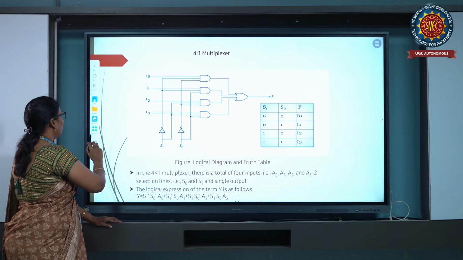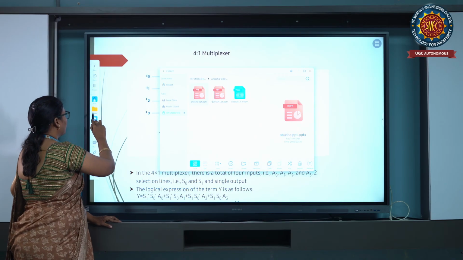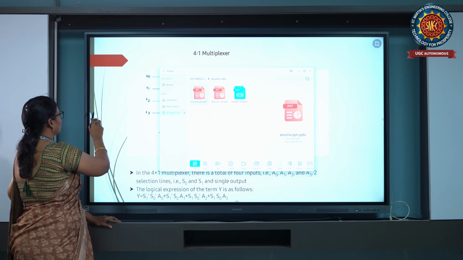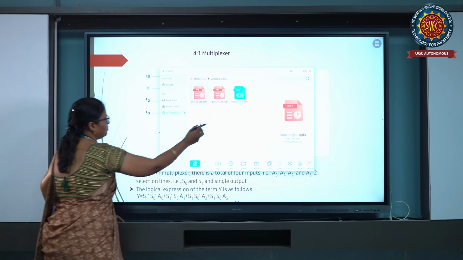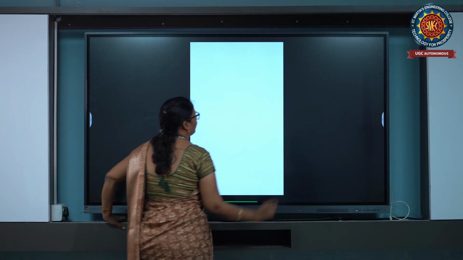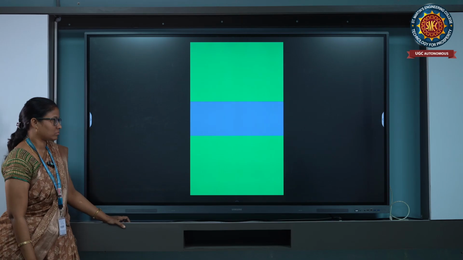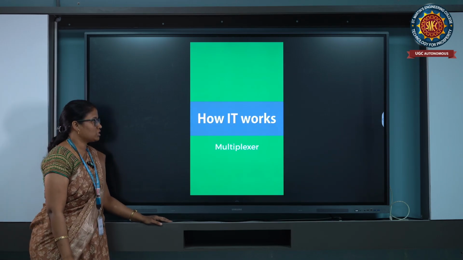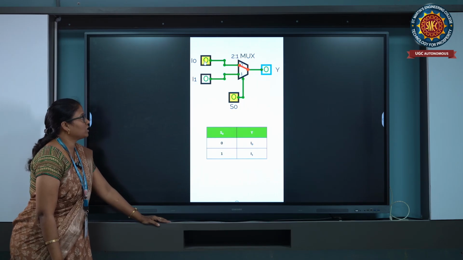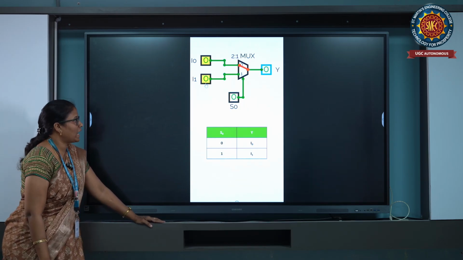Now let us see how these multiplexers work. If we consider the 2:1 mux, we have inputs I0 and I1.